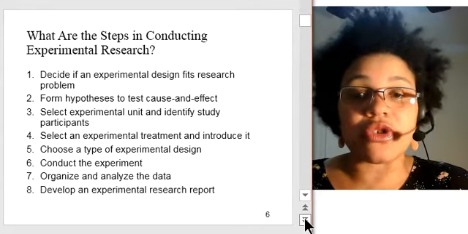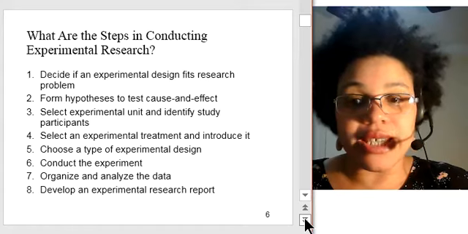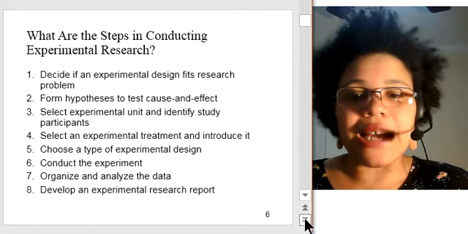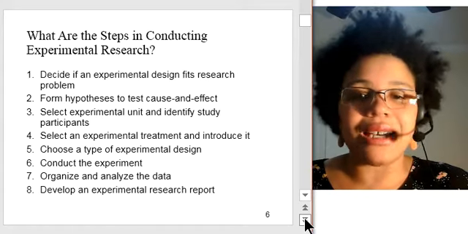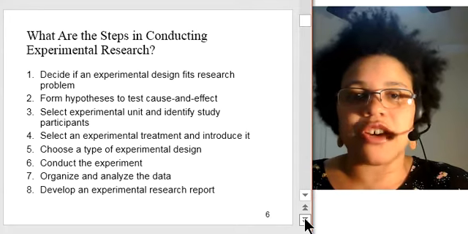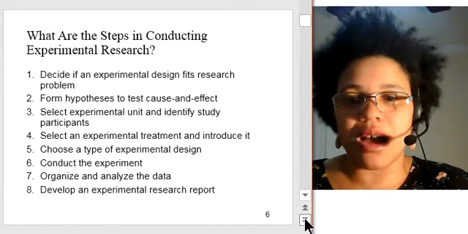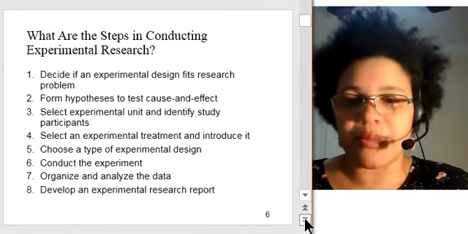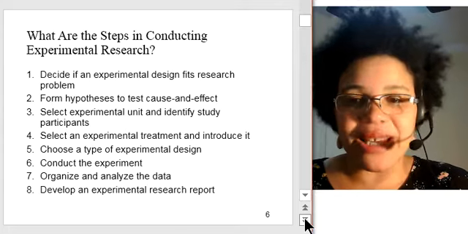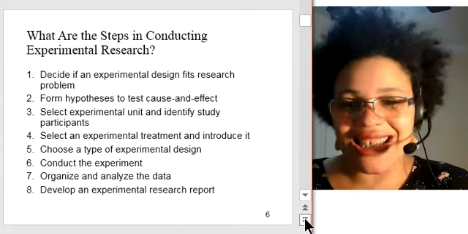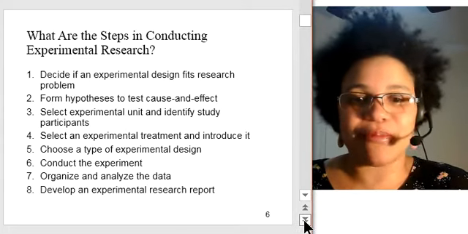Select an experimental treatment and introduce it. Choose a type of experimental design. There are different ways you can set up groups usually in an experiment. Conduct the experiment, organize and analyze the data, and finally write a research report.